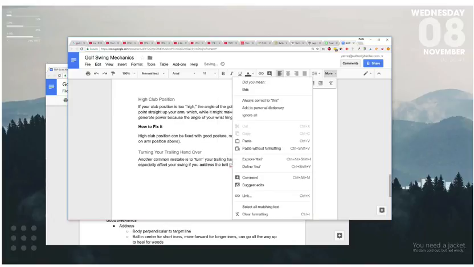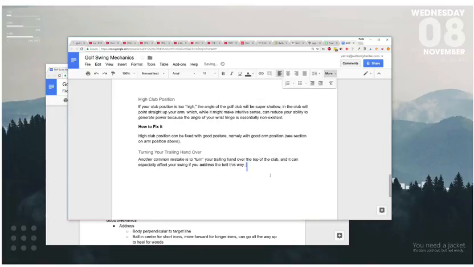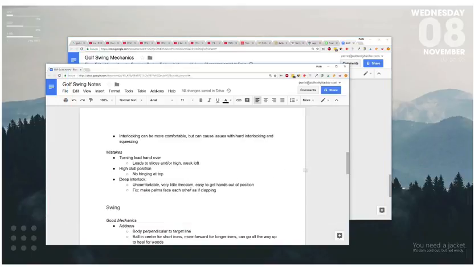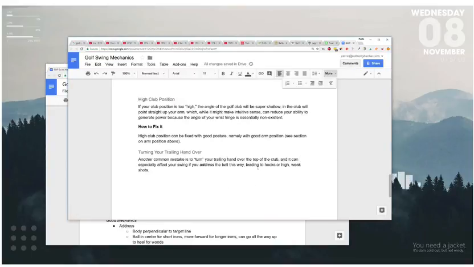Correct spelling here. Leading to hooks or high, weak shots. How to fix it? And this doesn't lead to hooks, this leads to slices.